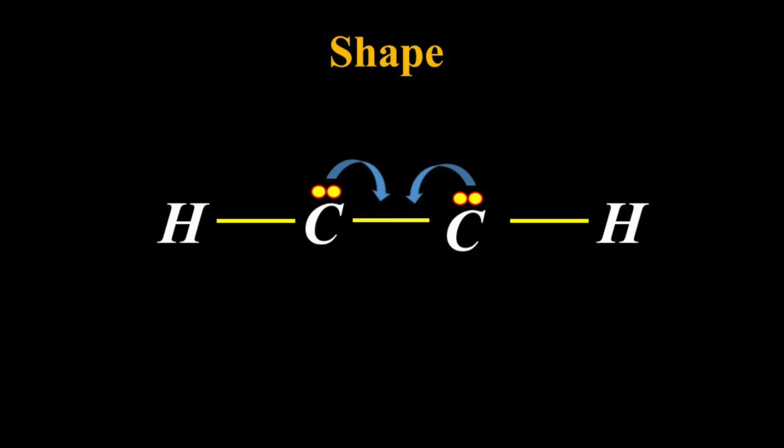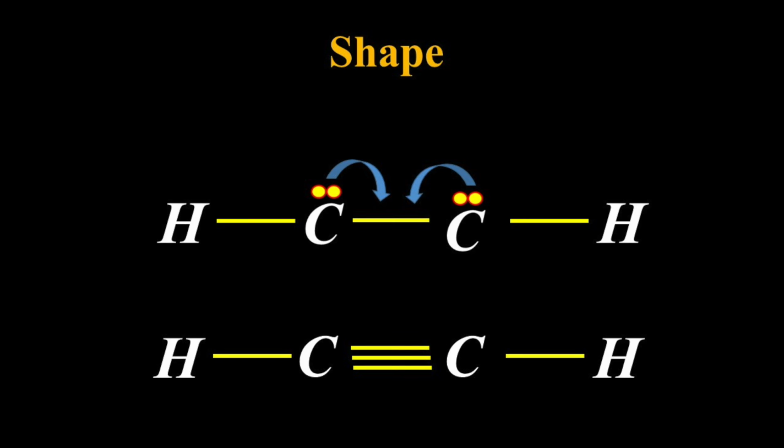It gives you 8 electrons for the carbon on the right, but only 6 for the carbon on the left. So you need to put both pairs down, and that will give you 8 electrons per carbon. So that's what we're going to do. So now you'll have a triple bond.